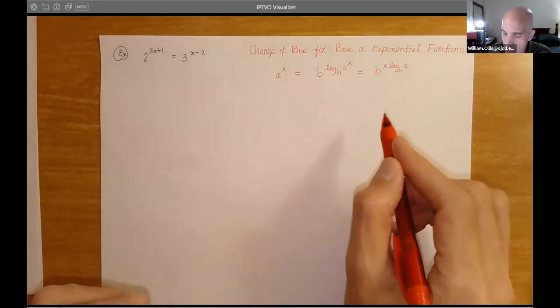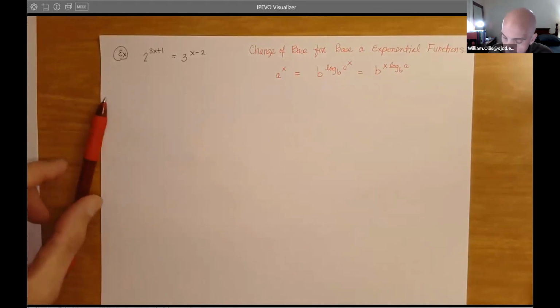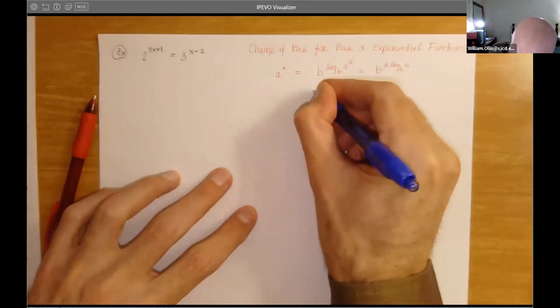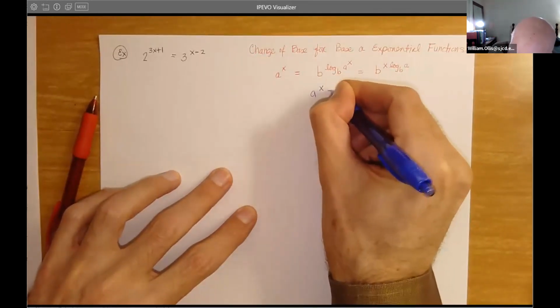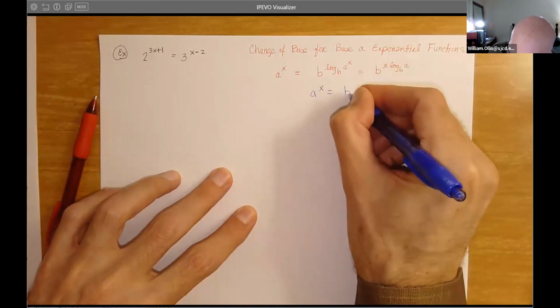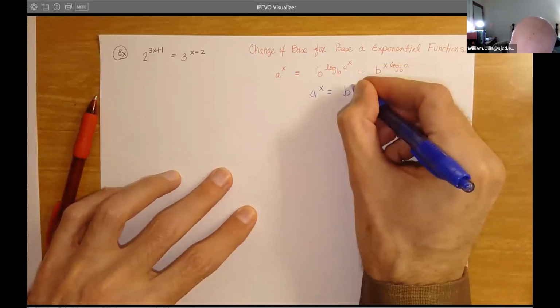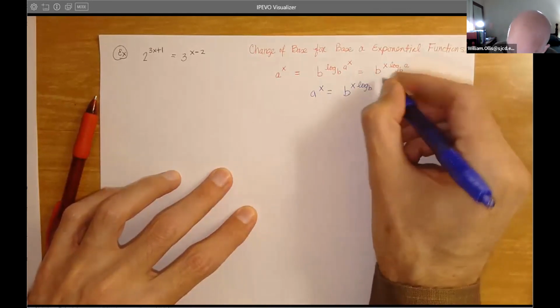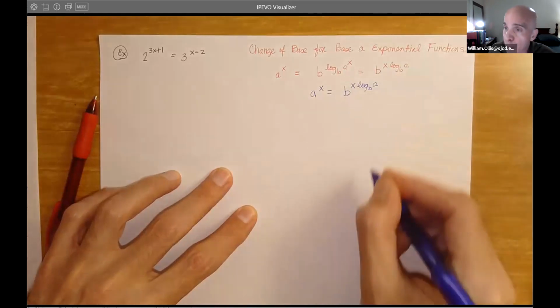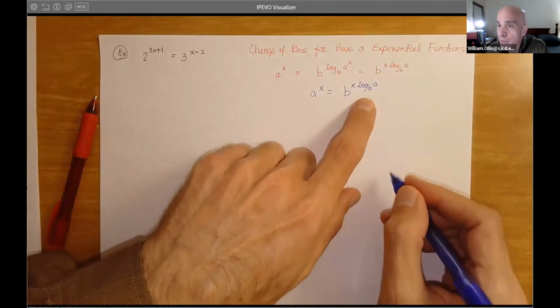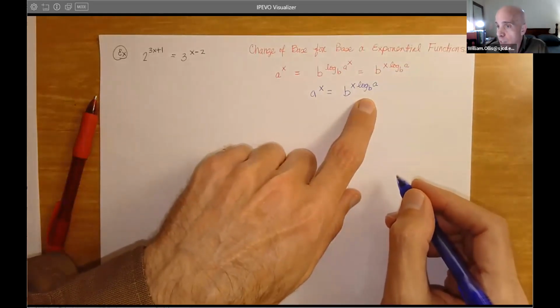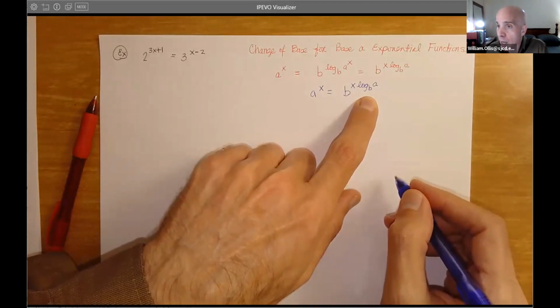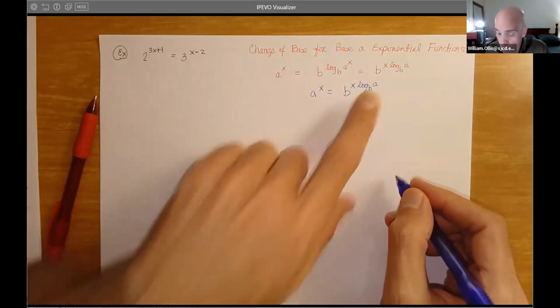Now we can see that if we want to change the base, we simply write the new base, and then the power times the logarithm coefficient, the base b log of the old base, so to speak.